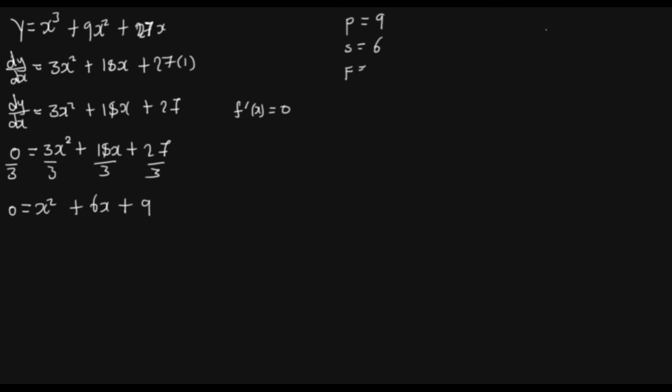So we can just use the product here. 1 times 9 is 9, so we are able to get a product. 1 plus 9, we have 10. Or 1 minus 9, we have negative 8. So we are not getting the sum, which is 6.